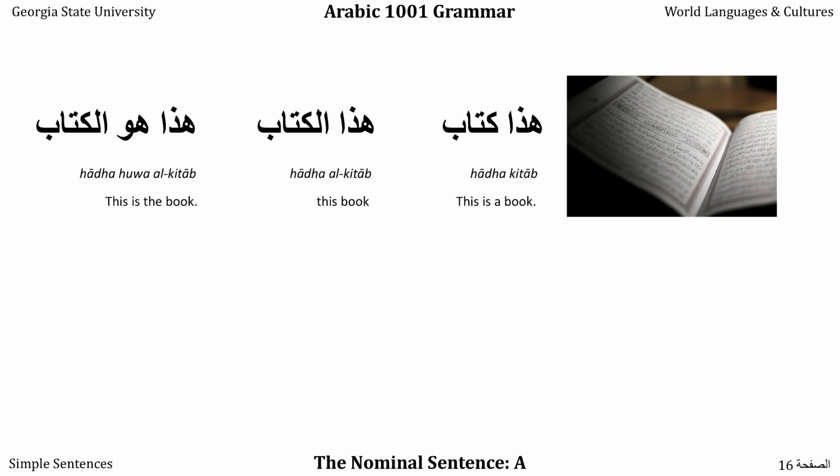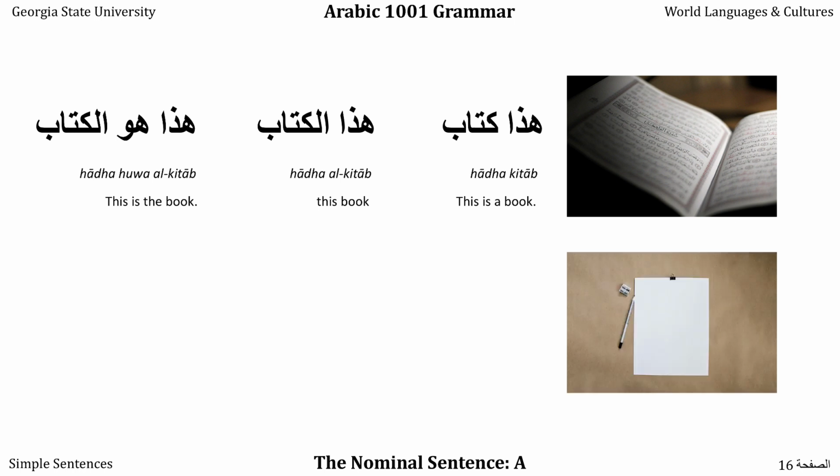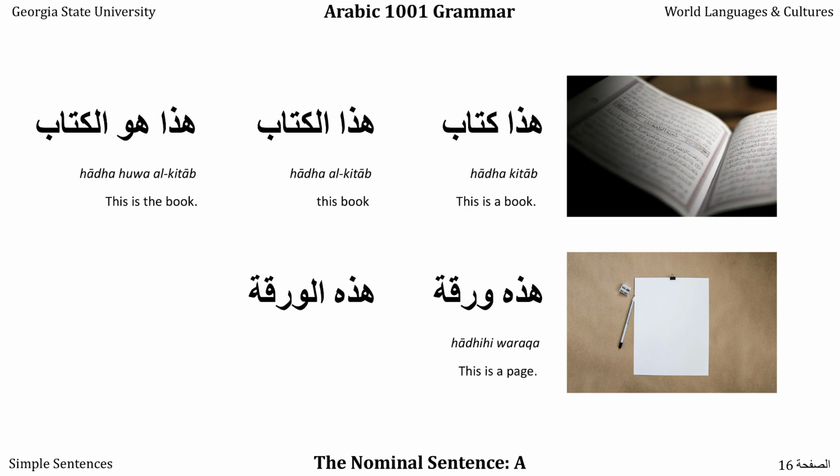So it would greatly behoove you to memorize this particular pattern. It's a little counterintuitive from an English speaker's point of view, but it's very fundamental to Arabic, and once you memorize it, you won't have any problems with it. It works the same way for feminine objects, or for that matter, female people. Hadahi waraka, definite to indefinite, so it's a sentence. This is a page.